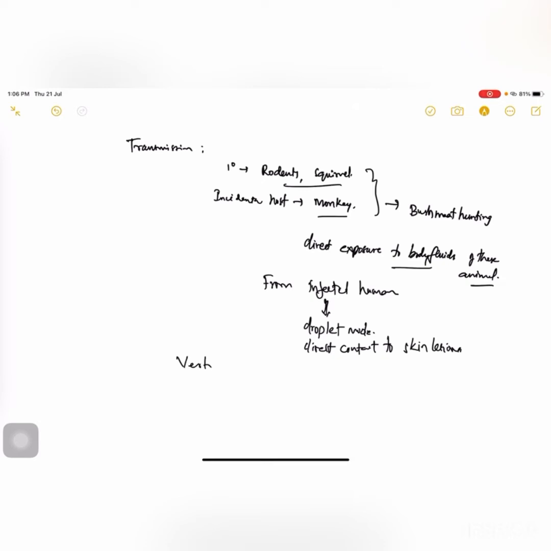Vertical transmission from mother to fetus is also reported.